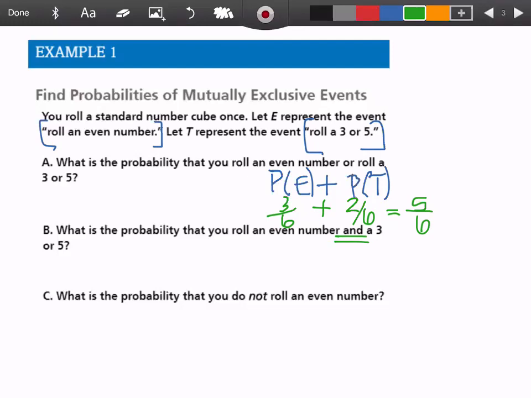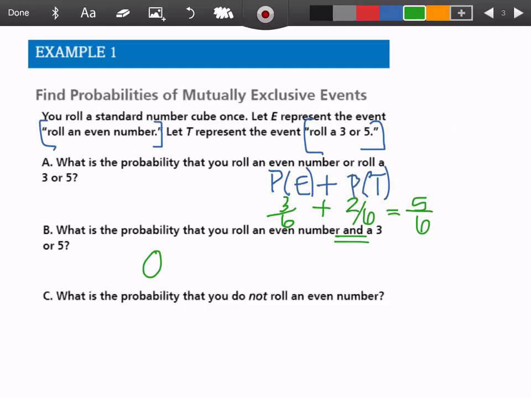This is 0, because the even numbers and the 3 or the 5 are non-overlapping events. They can't happen at the same time. 3 is not even. 5 is not even. So it's never going to occur at the same time that you roll an even number and a 3 or a 5. So that is going to be 0.